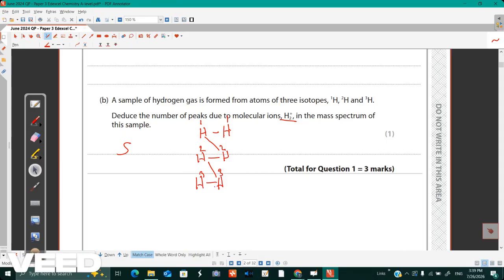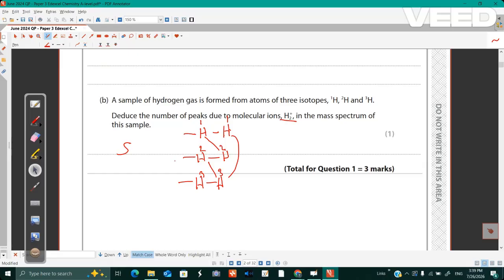What about 3, 1 combination? What about this? How many would come then? 1, 2, 3, 4, 5.